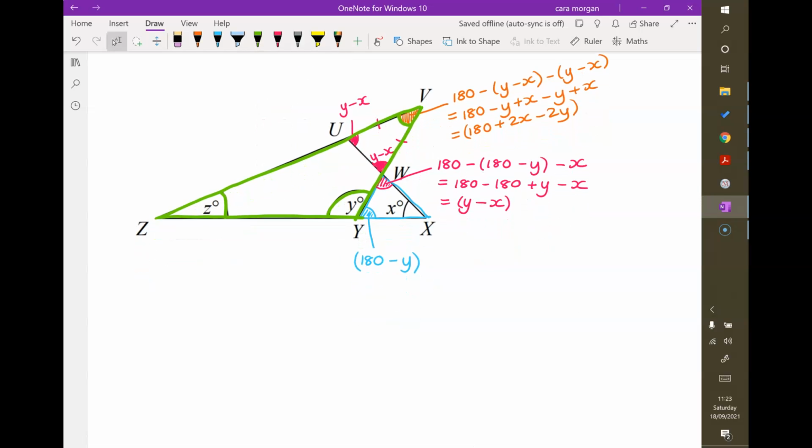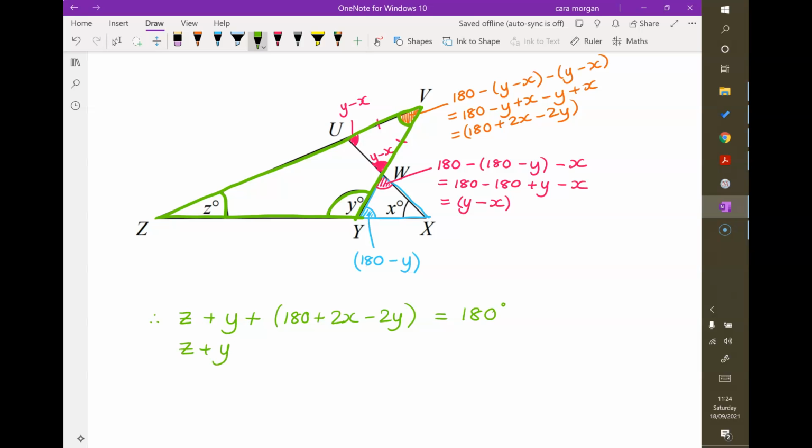So angle Z, add angle Y, add that orange angle, 180 plus 2X subtract 2Y, all adds together to make 180 degrees.